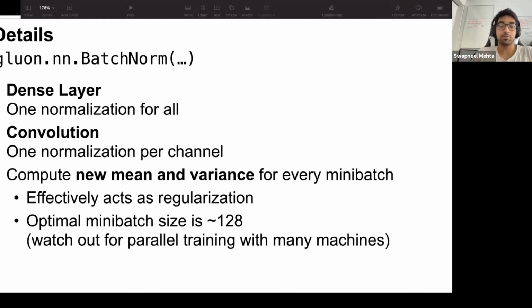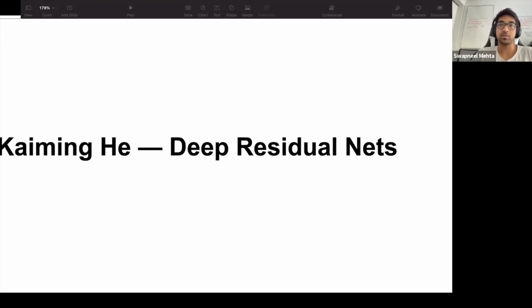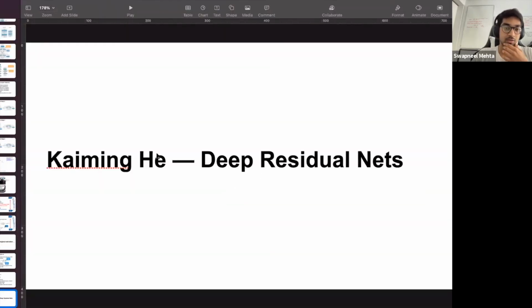With that, we come to the end of most of the architectures except for one. And for that one, I'm actually going to switch to a different set of slides because it was just super interesting. So Kaiming here, I think, was the original first author on the paper called Deep Residual Network. After Inception, there was this series of architectures that really took over. And this is what I used in my last machine learning project for image detection.